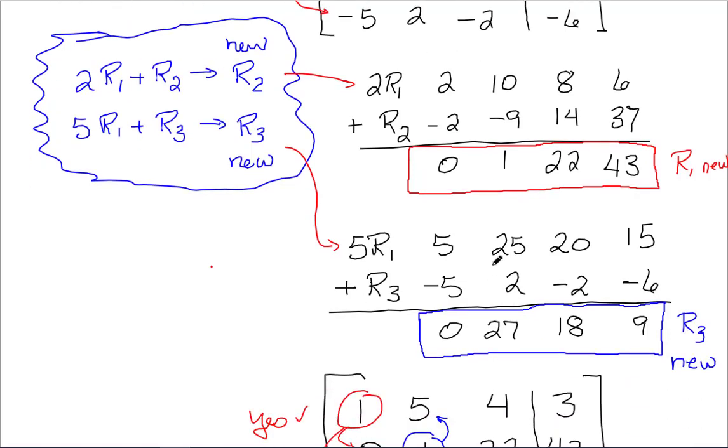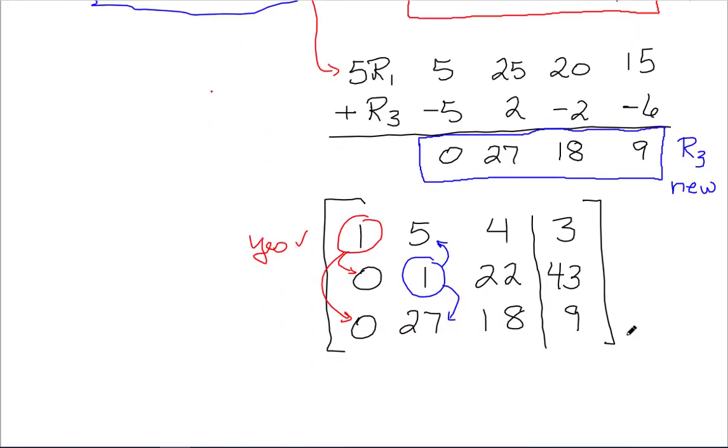So add them up: 25 and 2, 27; 20 minus 2, 18; 15 minus 6 is 9. Okay, so now I just put everything back in place. So I got a 1, I have 2 zeros, that's good. And look, I've even got a 1 in my next position that I want. And so the game continues.